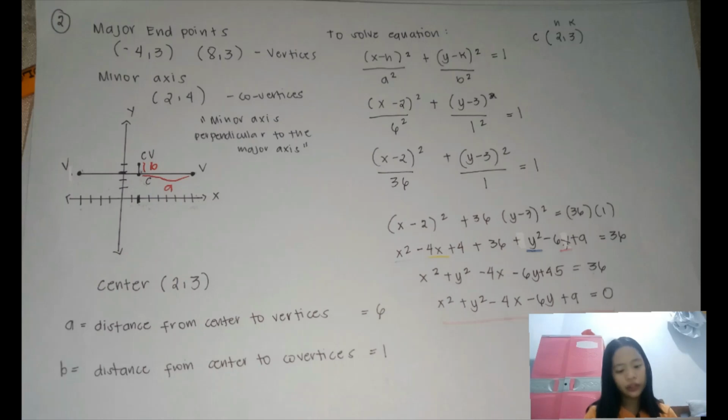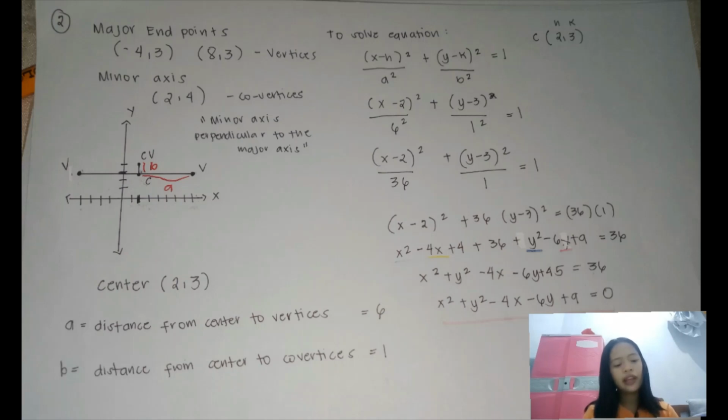Combining like terms, bring down x squared and bring down y squared, and also bring down minus 4x and minus 6y. Combining like terms, 36 plus 9 gives us 45.